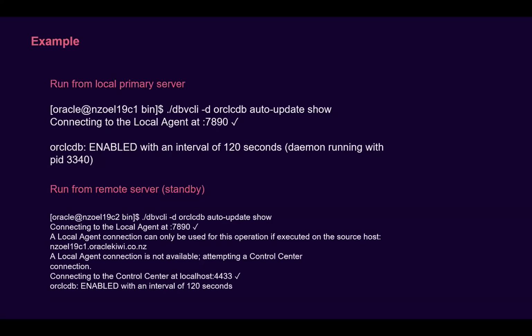It's going to execute the command and provide the results to you, saying it is the same as ORCLDB enabled with 120 seconds. Since I'm not running the command from the local agent, it connects from the remote agent to the control center, and from the control center, it gives me the output.